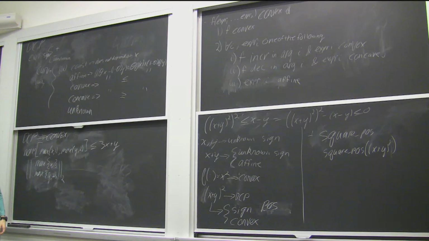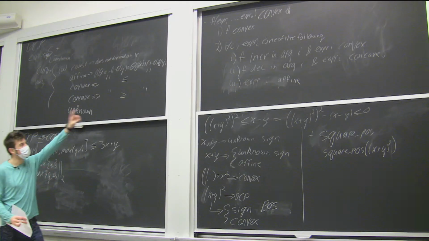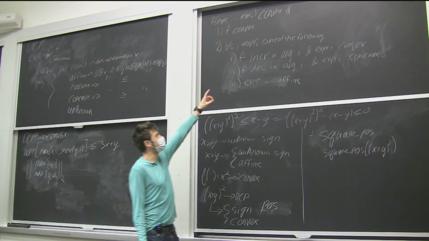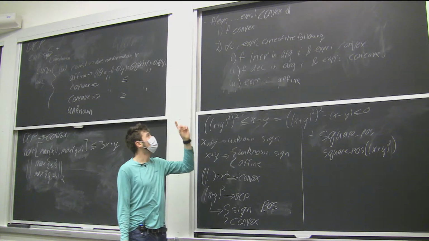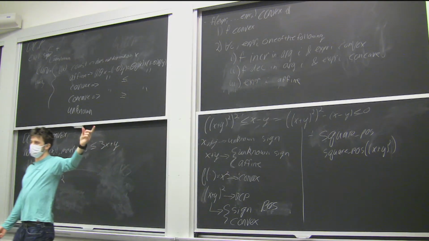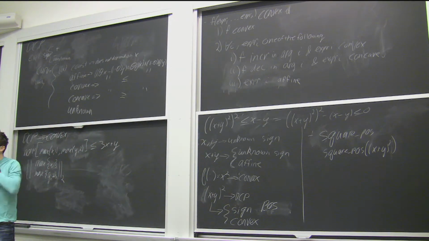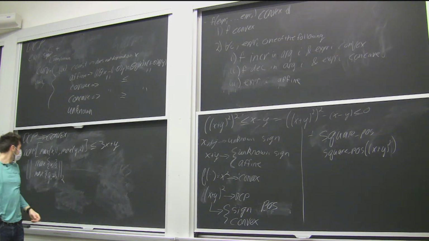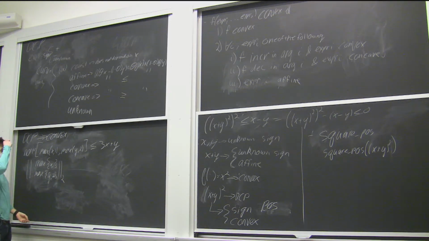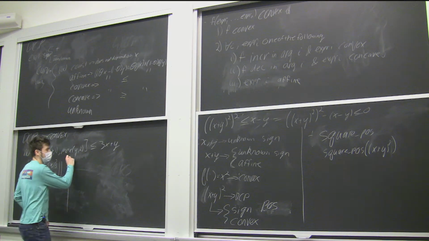So let's start with this: in order for norm, which is a convex function but is neither increasing nor decreasing, what am I allowed to plug into it in order for it to be DCP? What I plug into it needs to be affine, right?